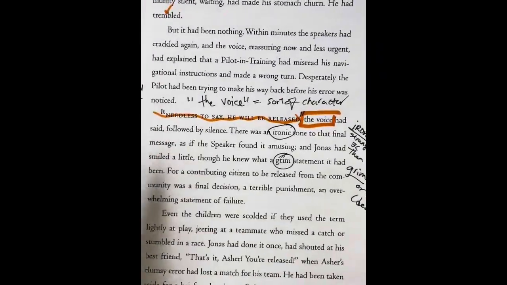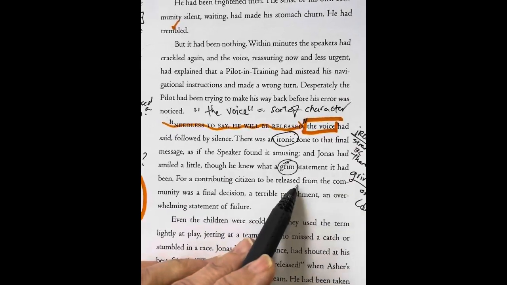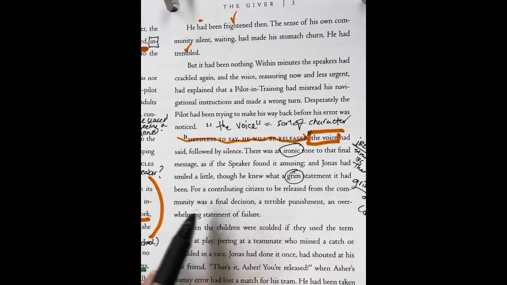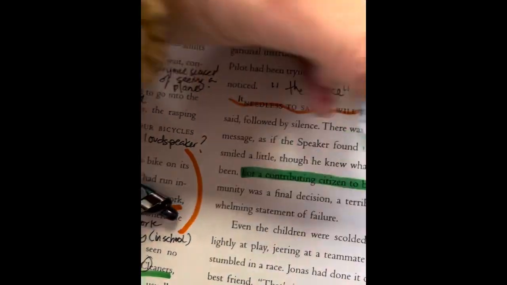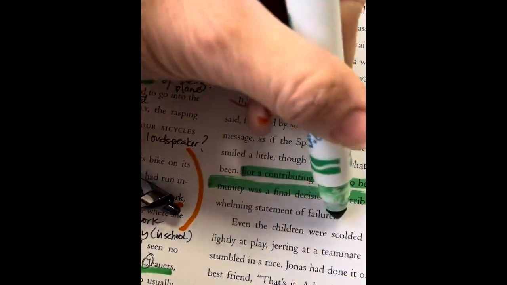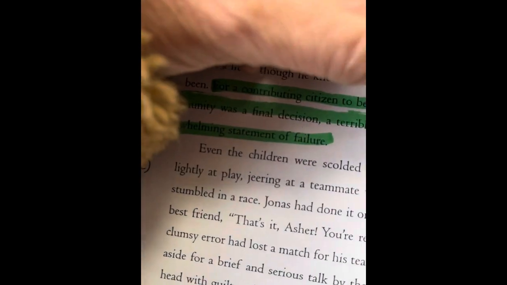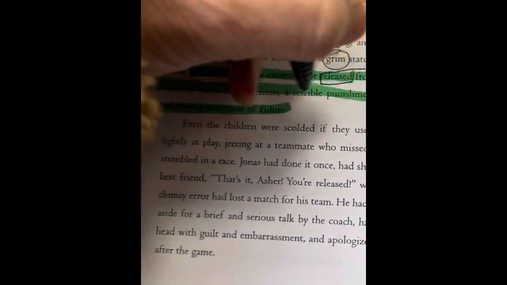Found it amusing. Grim statement. For a contributing citizen to be released from the community was a final decision, a terrible punishment, an overwhelming statement of failure. That's really important setting detail for what this place is. What is this place? Released. Right? He will be released. What does that mean?